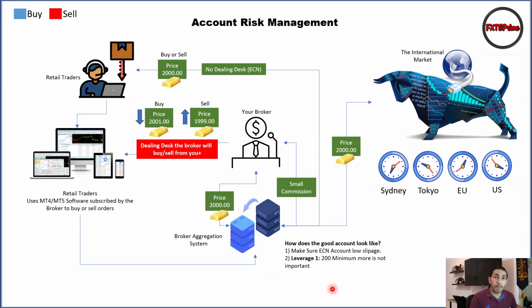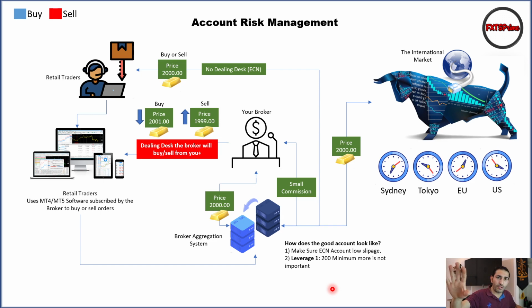Second thing, make sure the minimum leverage is 1 to 200. More than that is not important, because leverage is high risk more than giving you profit. Why? Because if you are still at the beginning, you don't know how to use the leverage, you are going to lose your amount in a second.